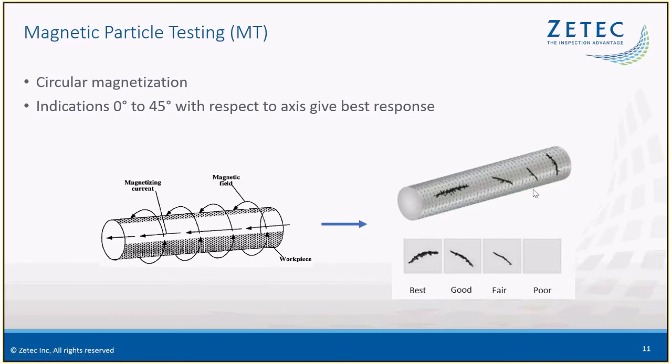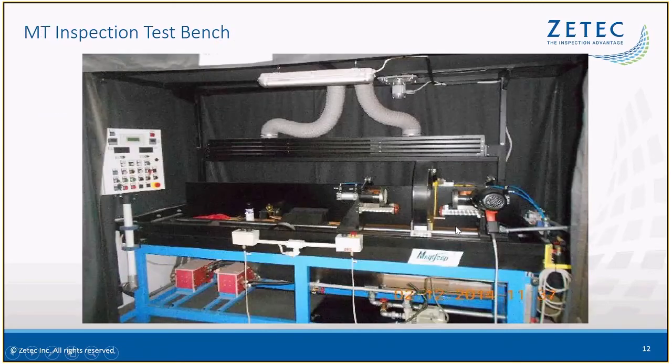So that's how you get the full coverage. It does require two setups. This is an example of everything that you would have to do this kind of magnetization and setup for MT. So there's a lot of equipment that goes into it.